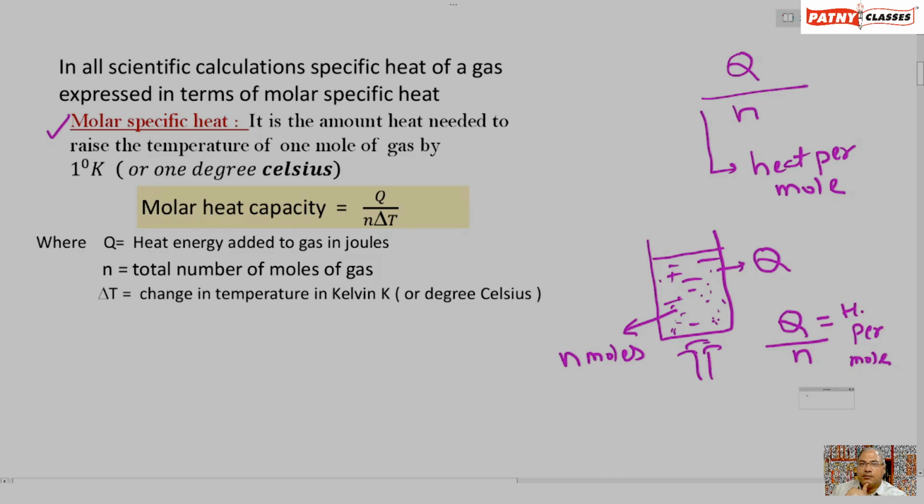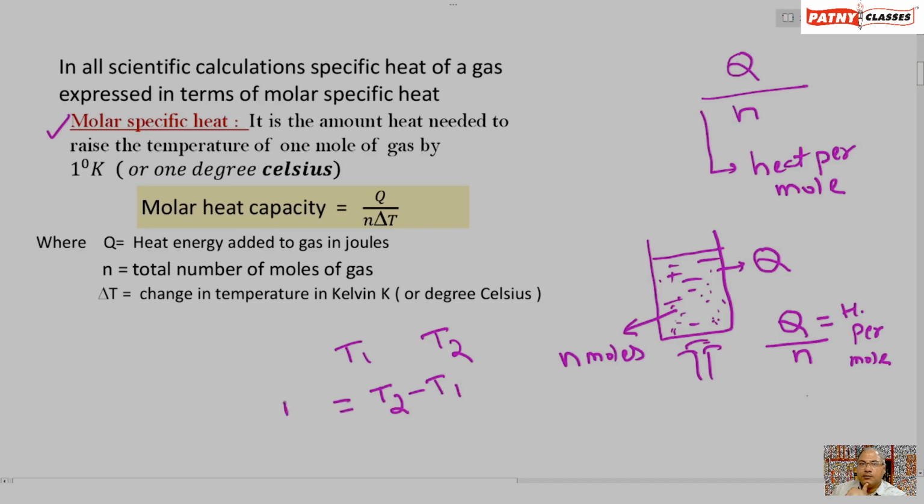And when we are heating the gas, the temperature of the gas changes. Suppose T1 is the starting temperature and T2 is the final temperature. So the change in temperature is T2 minus T1.